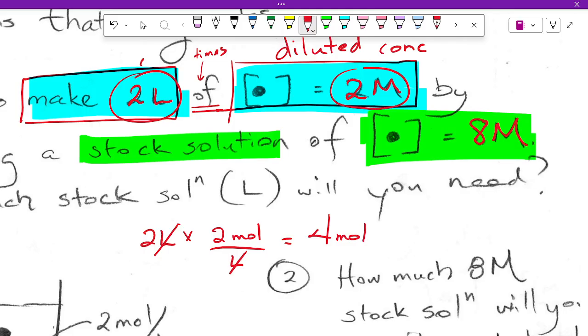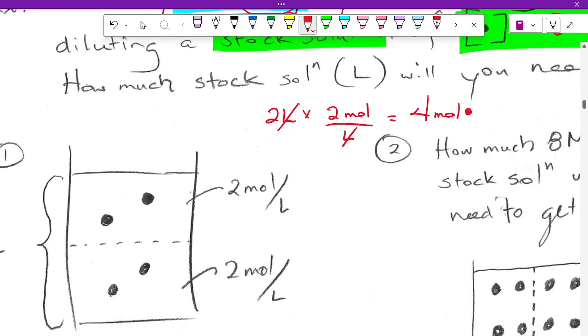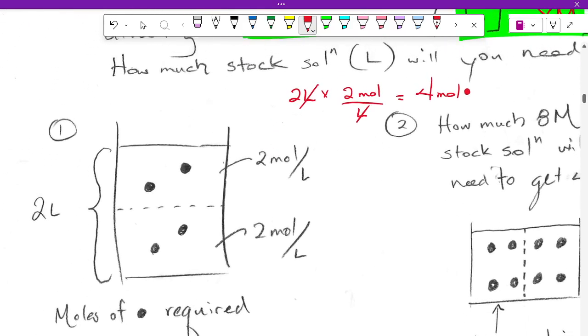So if we want to make 2 liters of 2 molar, we need 4 moles of whatever that is. Yes? We can look at a little picture and say, I need 2 liters. So if that entire volume is 2 liters, then each half of it is 1 liter.